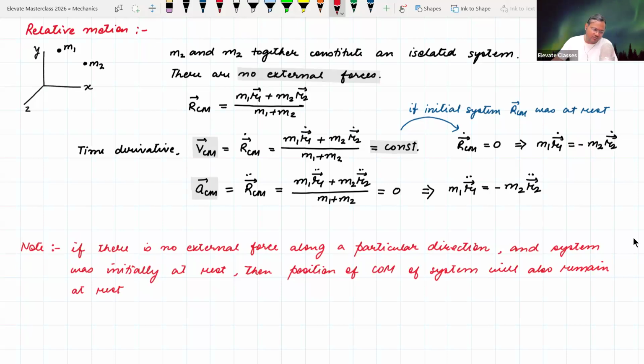No, is it right to say it like that? The position will remain at rest with respect to time, even though individual point masses may be in motion.